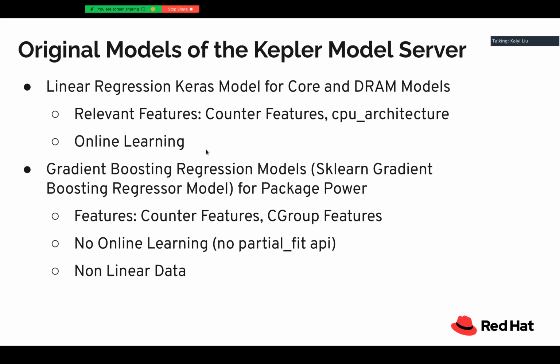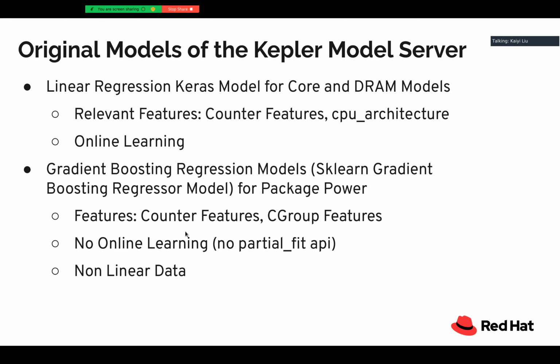The second model that we have is gradient boosting regression models, which isn't the same as XGBoost. Specifically, this one uses the scikit-learn library, and we use this for predicting package power. It uses counter features and cgroup features.